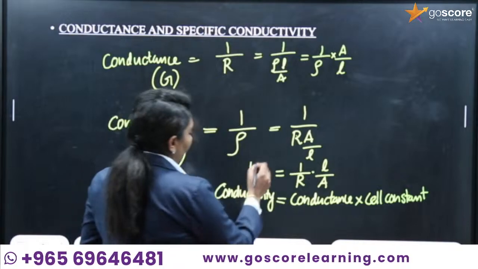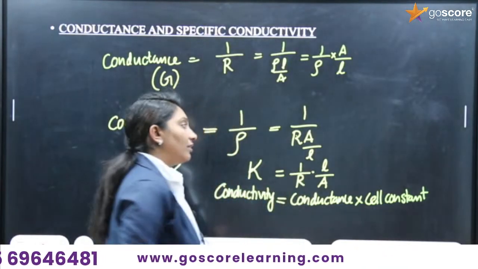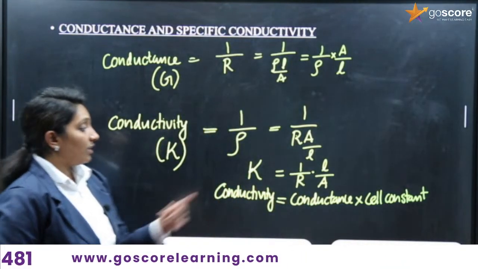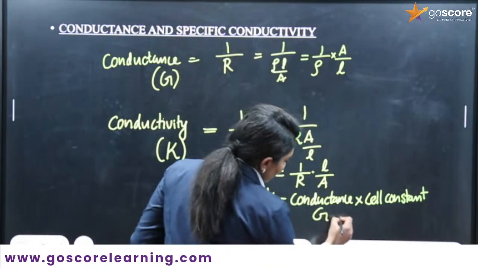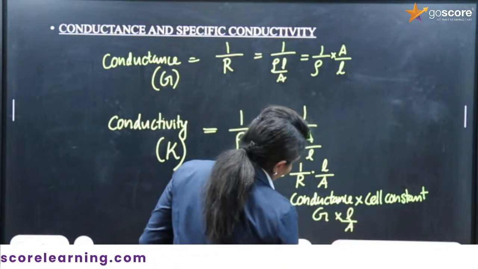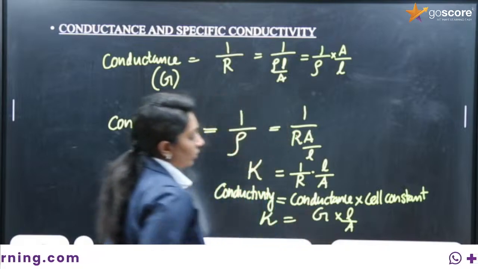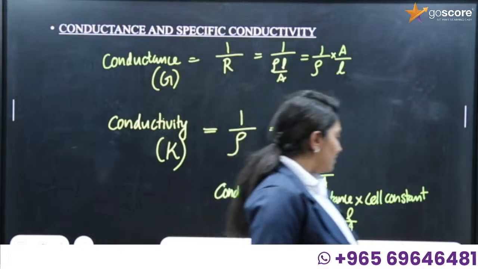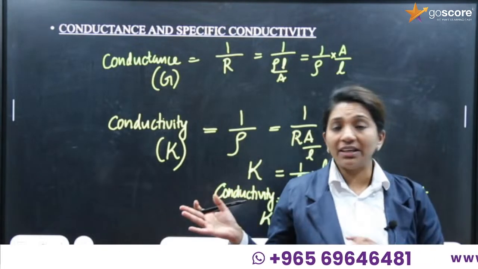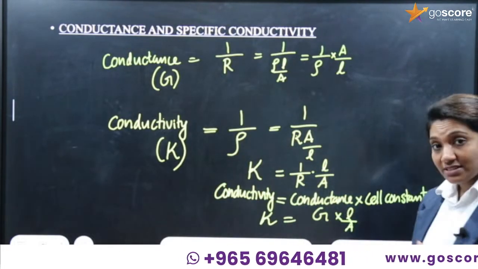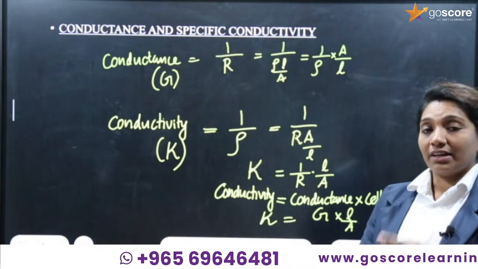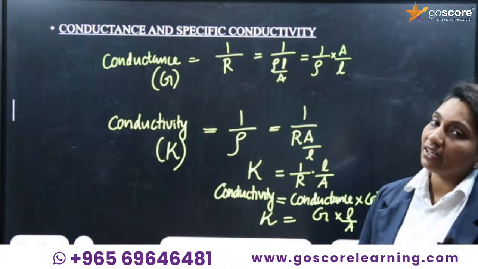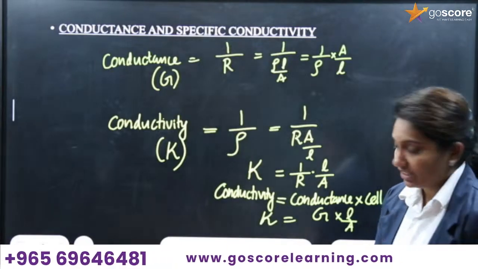That means kappa is equal to 1 by R, that is G, the conductance, into L by A. Kappa is equal to G into L by A. This is the relationship between the specific conductance, resistivity, conductance and specific conductivity, or simply the conductivity.